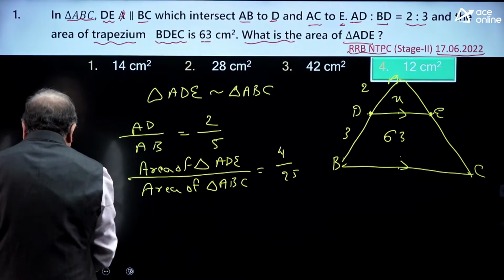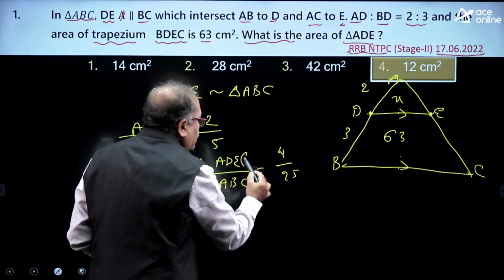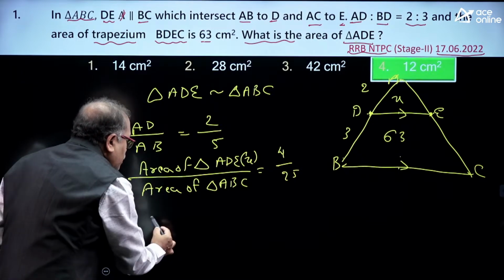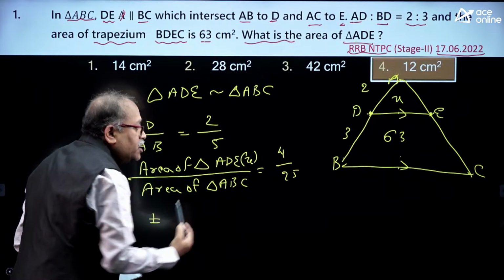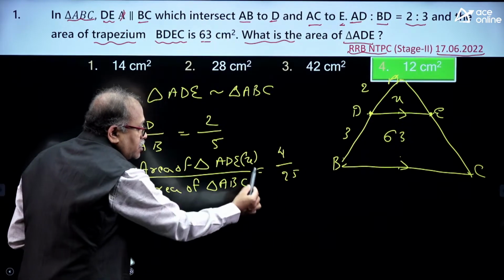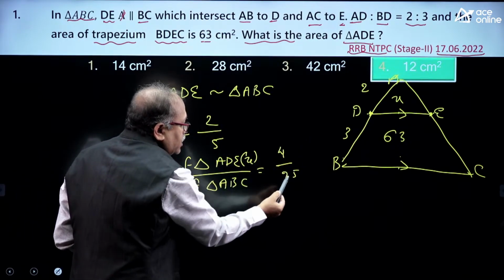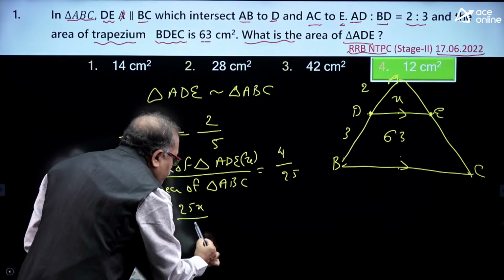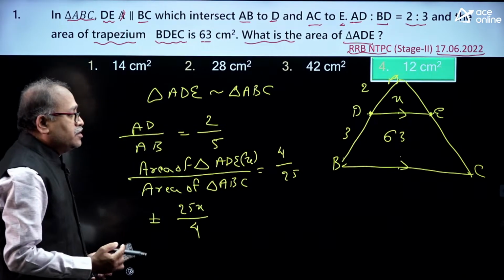And this area we have assumed to be x. Well done. So what is my required one? The area of ABC. And the area of ABC is nothing but, when it goes to the other side, 25x by 4. You already know that.